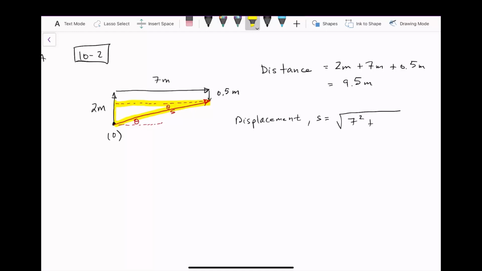That's the triangle that we care about. So it's 7 squared plus 1.5 squared. And so S is equal to 7.16 meters.